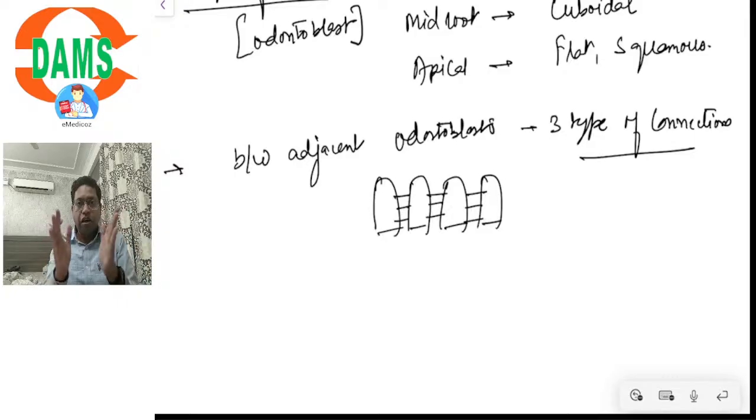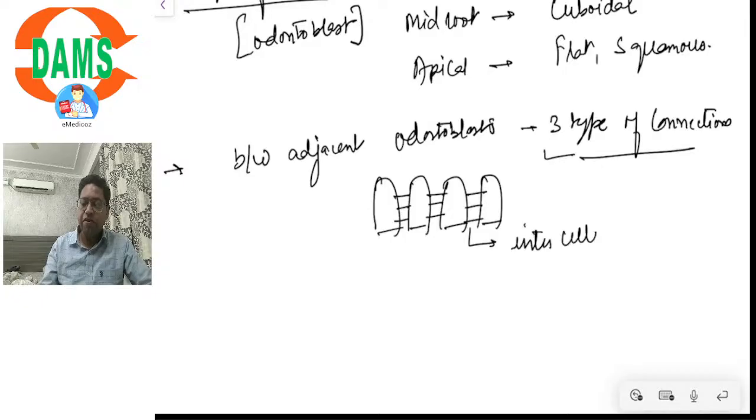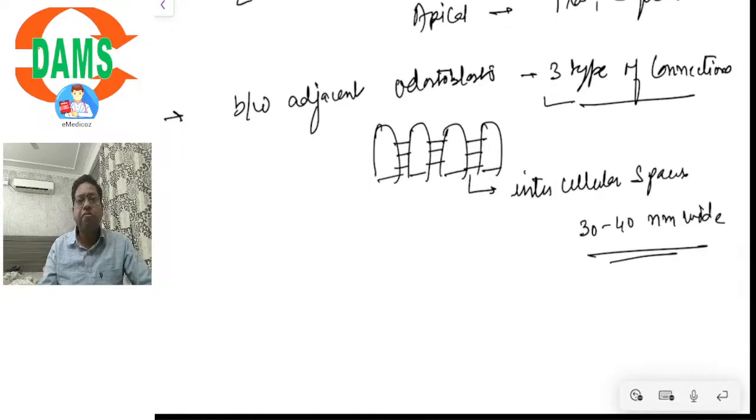So they are not closely opposed to each other, but are at a microscopic distance from each other, and they have some mutual connections between them. What are the connections? Three types of connections exist. Otherwise, there are intercellular spaces about 30 to 40 nanometers wide. So basically, there are three types of connections between the odontoblasts, and intercellular spaces 30 to 40 nanometers wide.